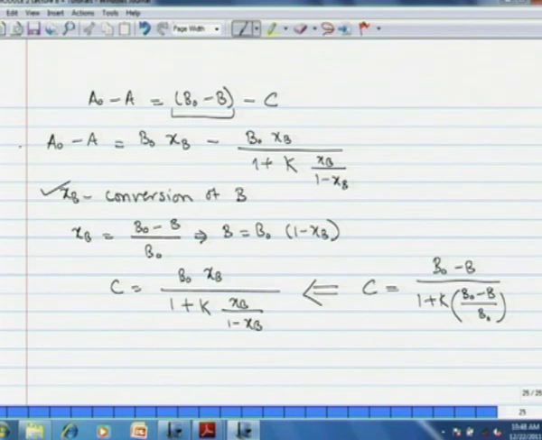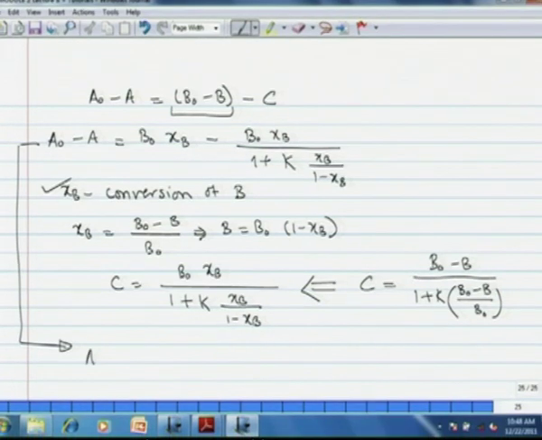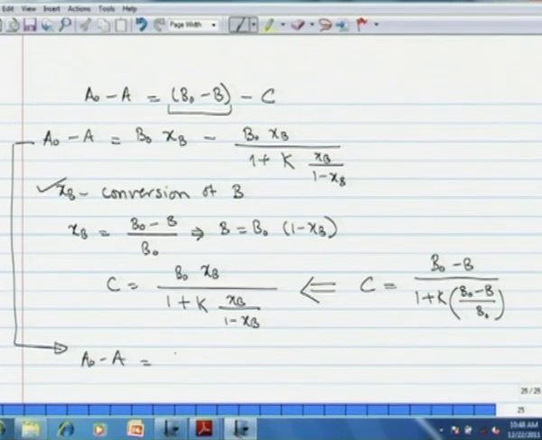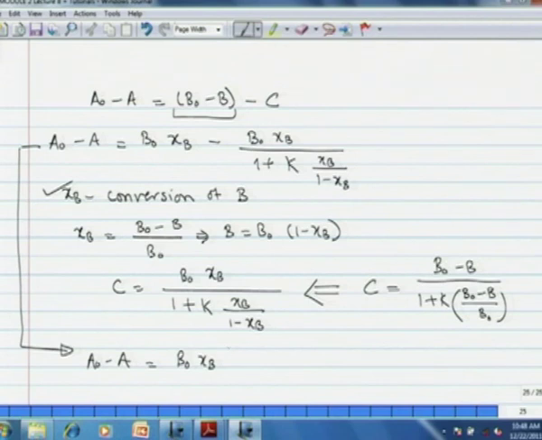Now, we go further with this, the expression that we derived earlier. A naught minus A was B naught into XB minus B naught into XB divided by 1 plus K into XB divided by 1 minus XB. That we now rearrange. A naught minus A is equal to B naught into XB into 1 plus K into XB divided by 1 minus XB minus 1 divided by 1 plus K into XB and 1 minus XB.